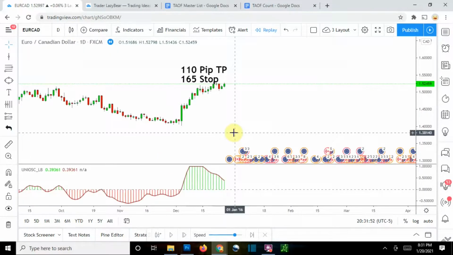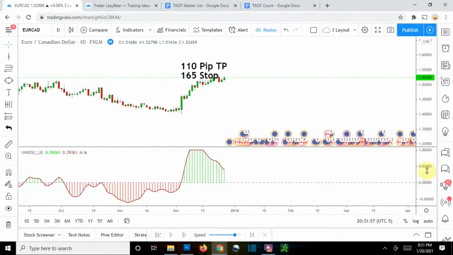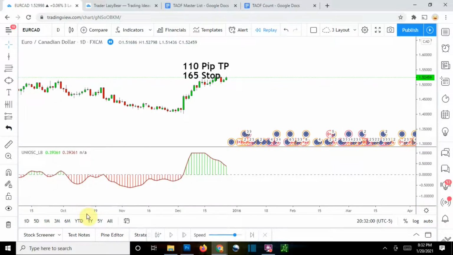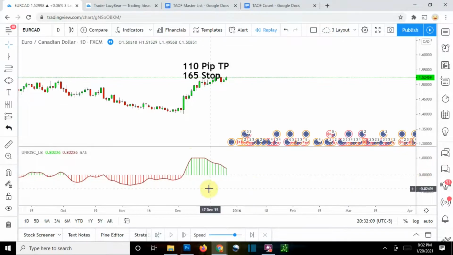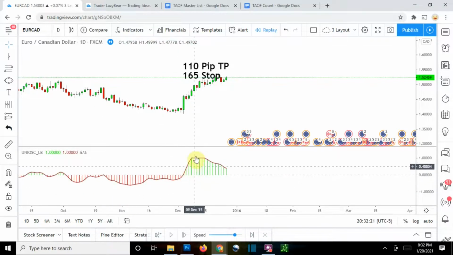Alright, so today's indicator is Ehlers Universal Oscillator. You can see it here on the bottom of the screen. It's basically a single oscillating line that is pivoting around the zero line. And there are a few different ways to trade this one. There's the histogram version, which you can see here.